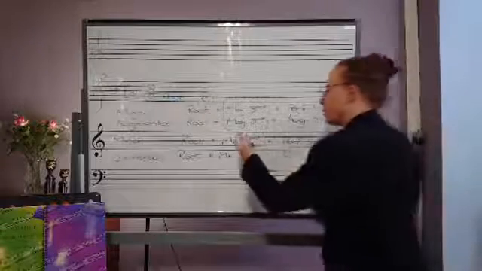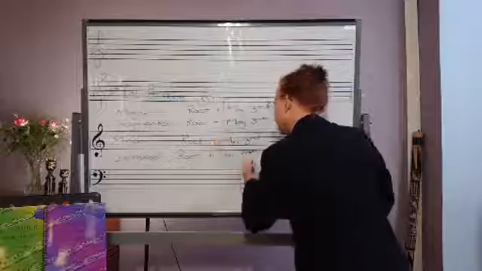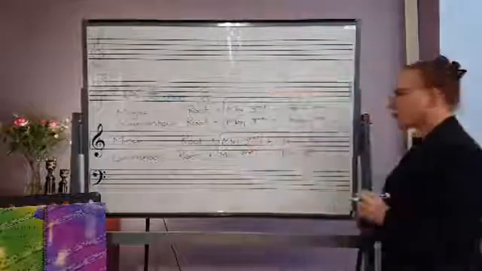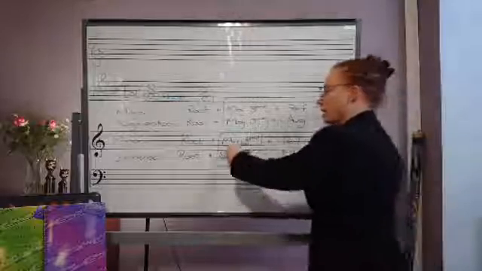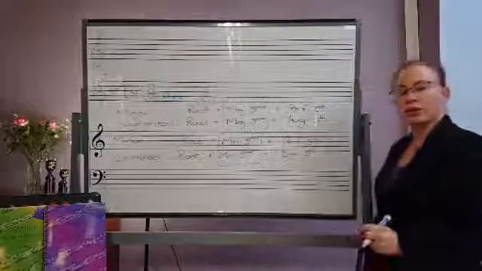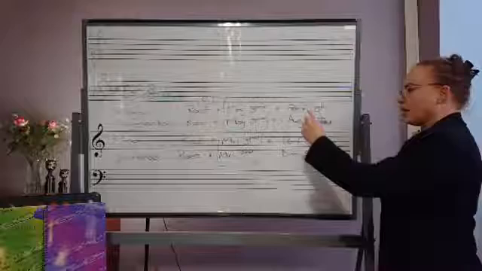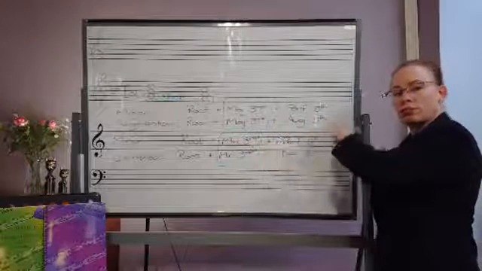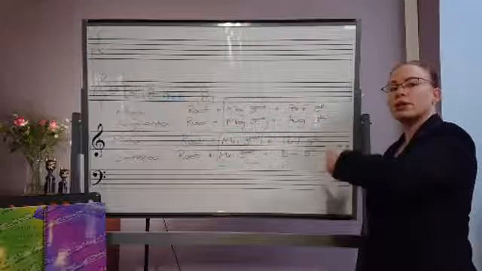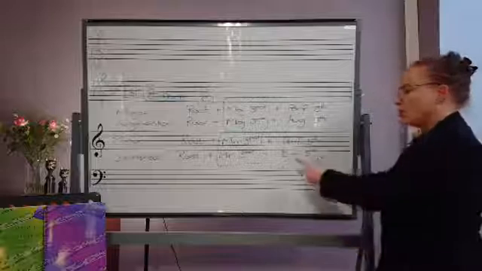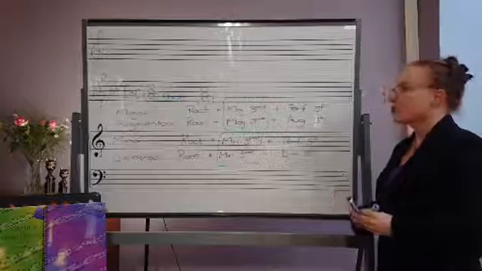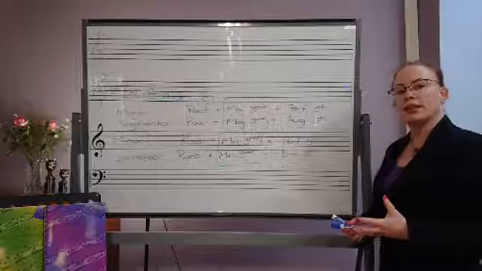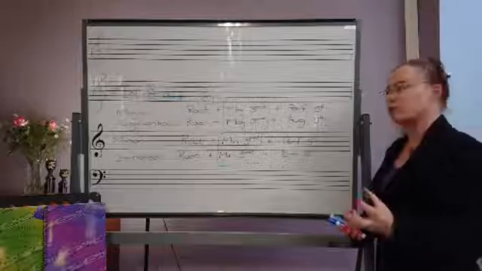Likewise, when we look at the minor and the diminished triad, they both have a minor third above the root, but they're different in that with a minor triad you've got the perfect fifth above the root, and with diminished you've got a diminished fifth above the root. Okay, so those are just the basic things about the different types of triads.